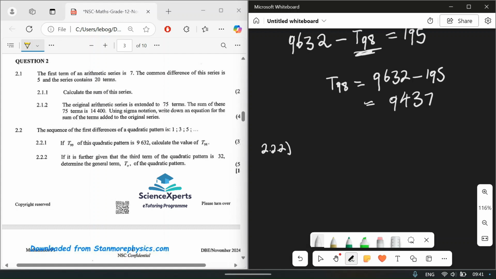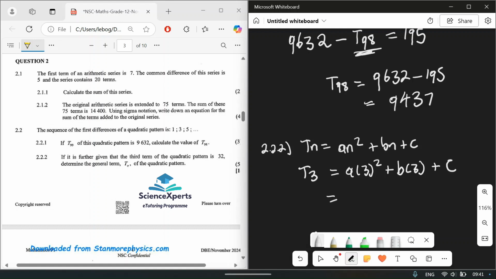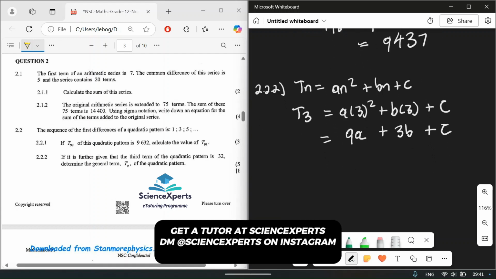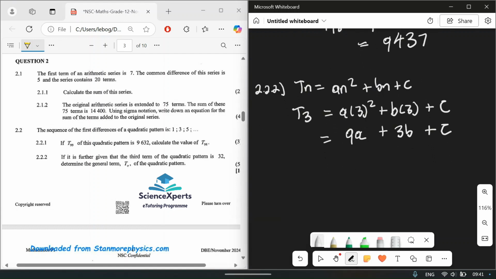You know that Tn is equal to an squared plus bn plus c, so T3 will be equal to a into 3 squared plus b into 3 plus c. 3 squared is 9, so it's 9a plus 3b plus c. But they gave us that T3 equates to 32, so 32 is equal to that.